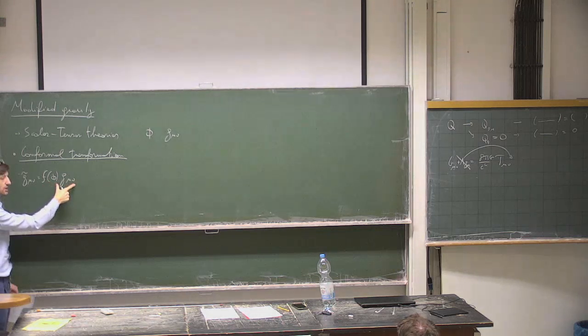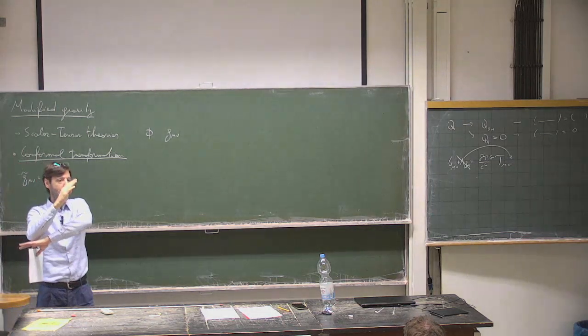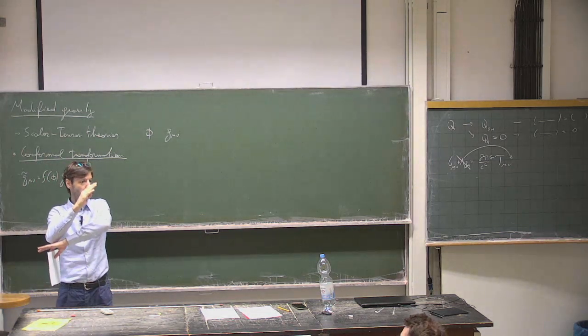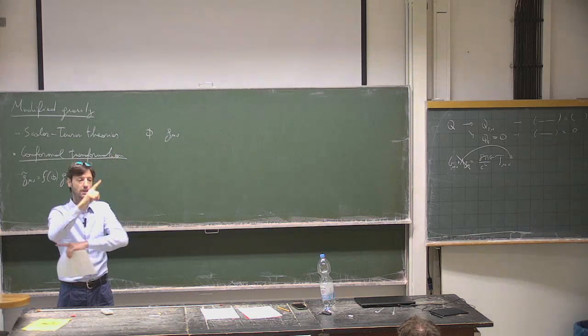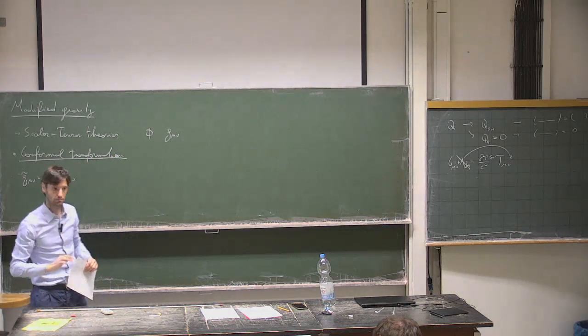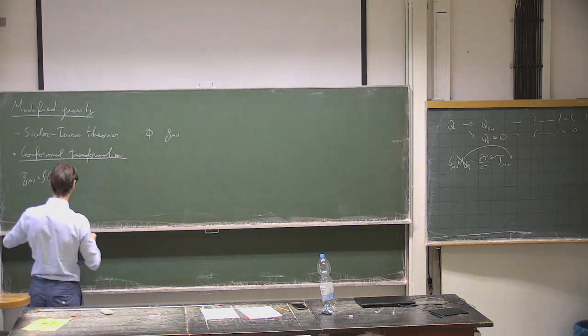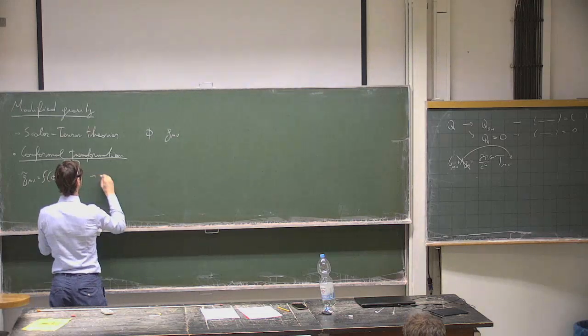The only thing which is changing is not the angle between two vectors, but just their amplitude. Okay, just the result of the scalar product is going to be rescaled. Okay, so no modification in the angles.